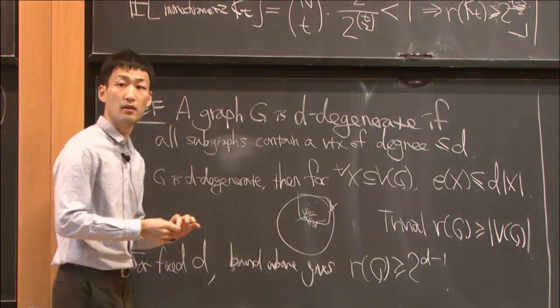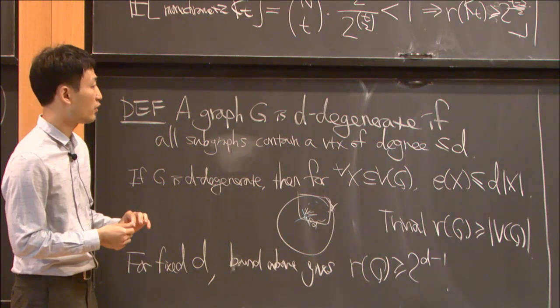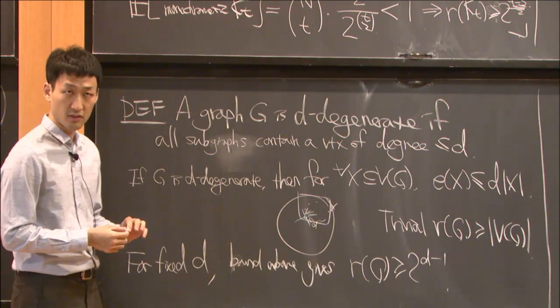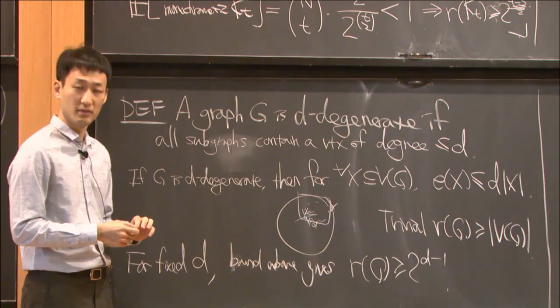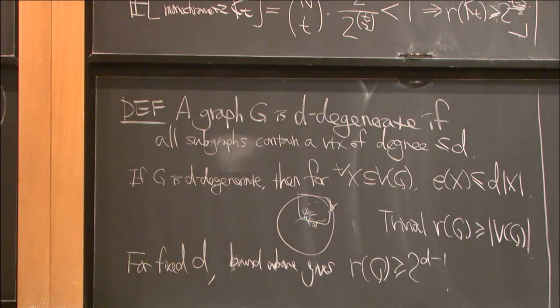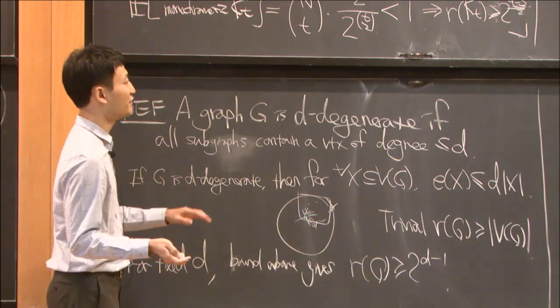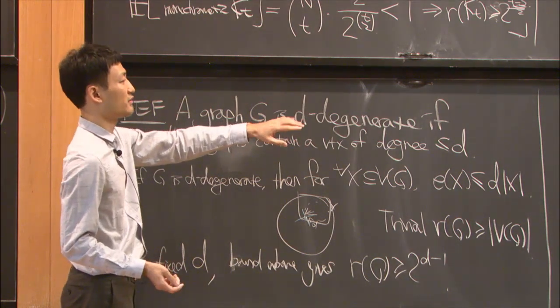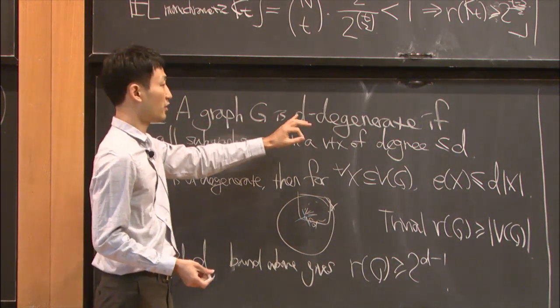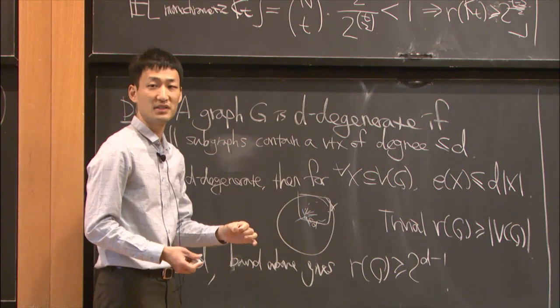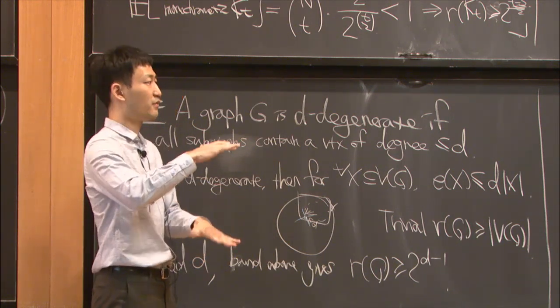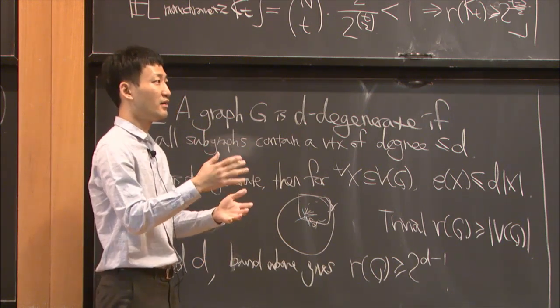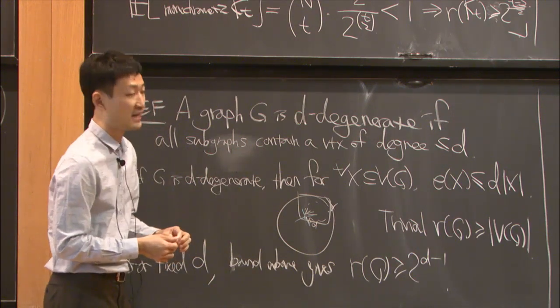So d equals 1 is a forest? D equals 1 is a forest, yes. Then it's true. Yes. Well, they actually, yeah, that's true. And in fact, the original conjecture was made in terms of a concept called arboricity, which is defined as the minimum number of forests into which you can decompose the edge set of the graph.